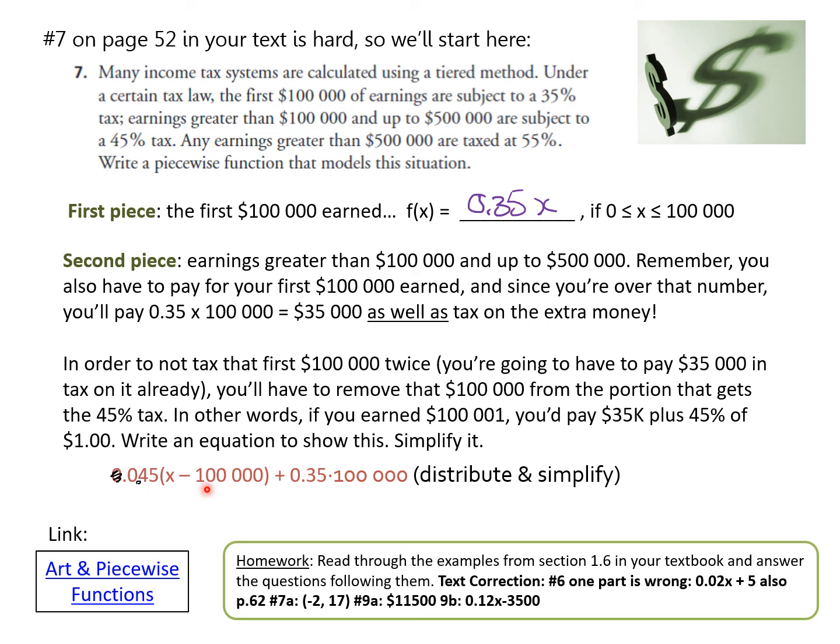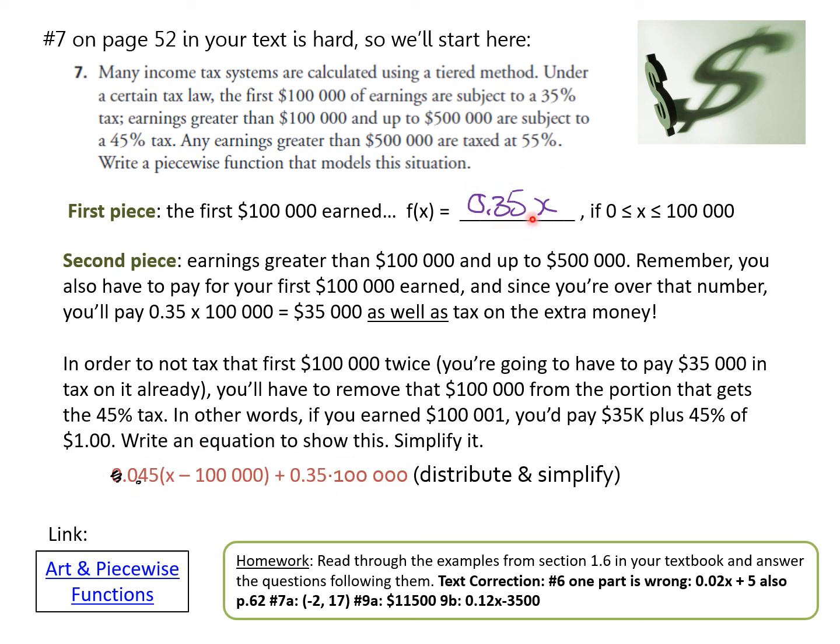So you're going to distribute this 0.45 into here, multiply these two together, collect like terms, and then you'll have your second piece. I'm not going to finish the question for you because you still have to do the third piece in your question, but I'm just going to let you work on that for your homework. You have to collect this first, and then you'll have your second piece.